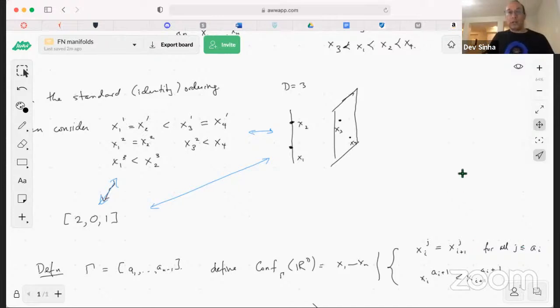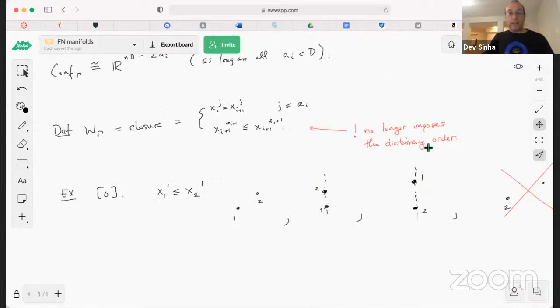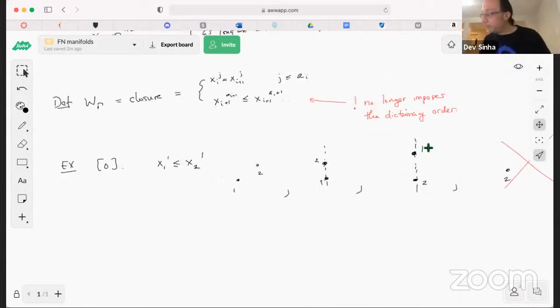These are no longer cells, but the claim is, and these are things that I haven't written up, so it would be good to do this at some point, but W gamma is a manifold with corners.